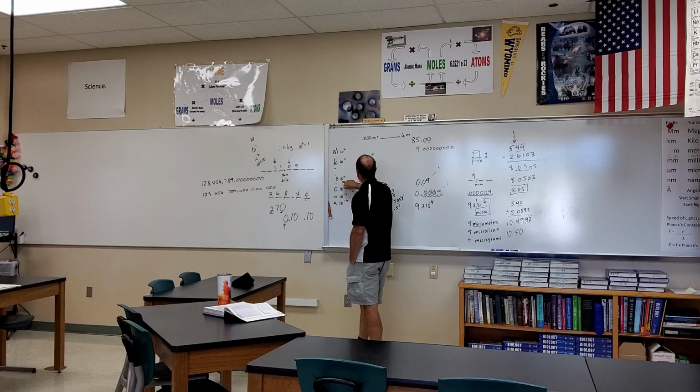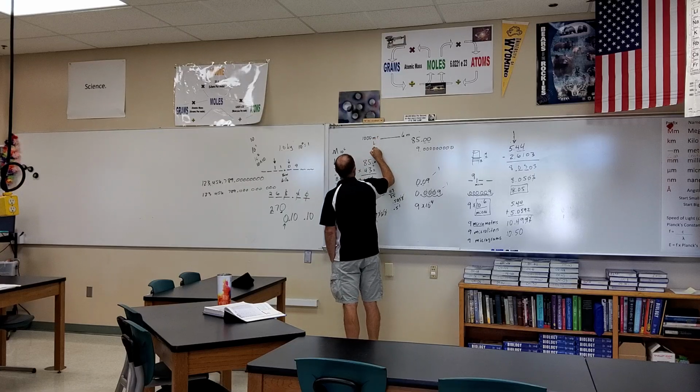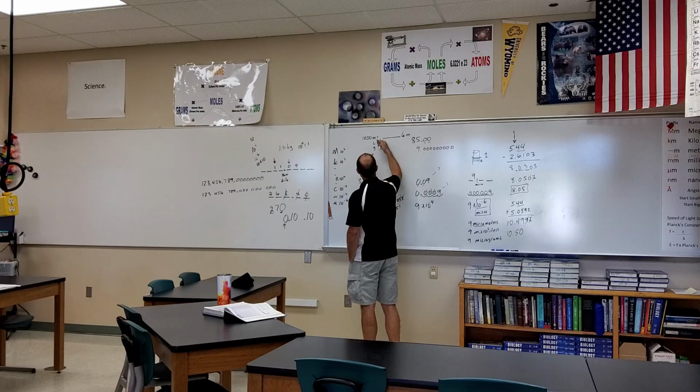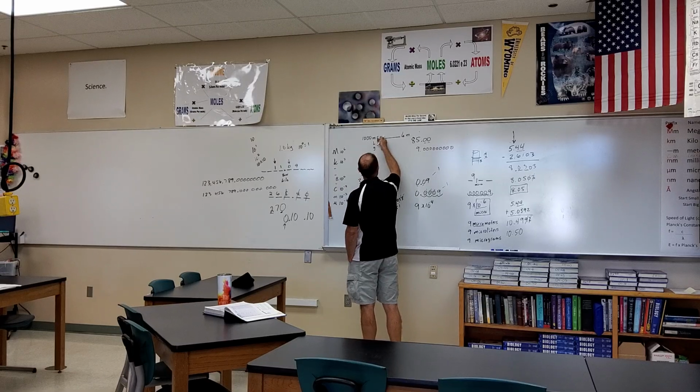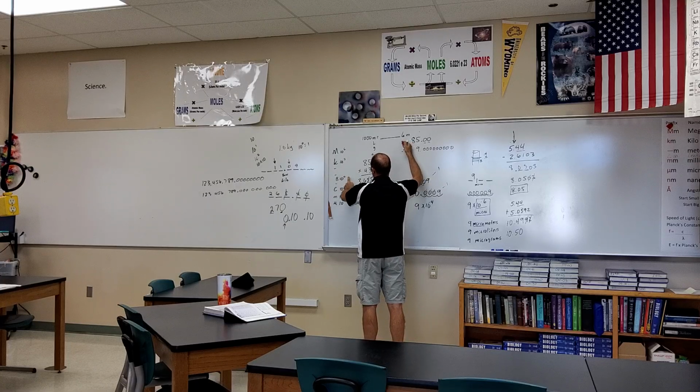Meters, liters, grams would be 0. And we're moving from 0 to 10 to the 3rd. So what's the number? 1,000. So it would just be 1.